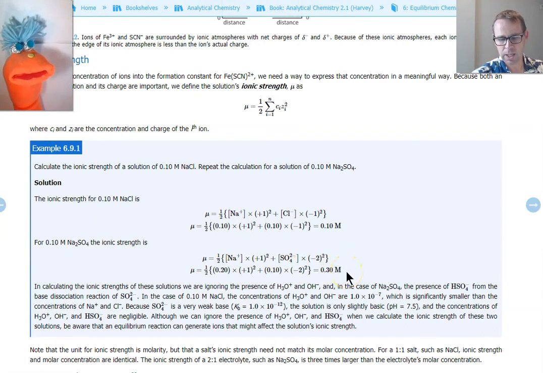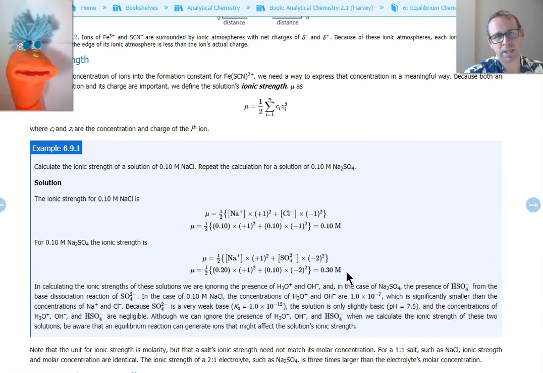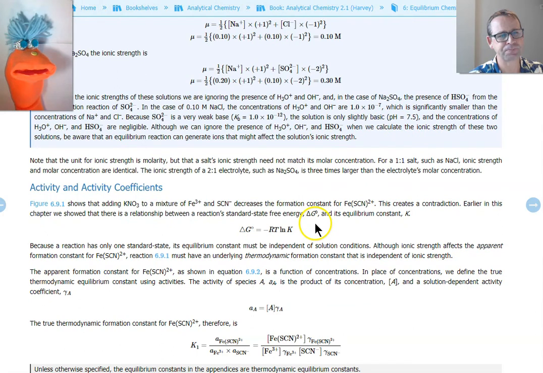Okay, and now again, we're concerned about this ionic strength because of the activity of our species. Activity is a new term that we're introducing now, and it's essentially saying the actual concentration, right? We're trying to find the actual concentration of components in complex solutions. So the activity depends on this ionic strength, and now we know how to find the ionic strength for a solution.